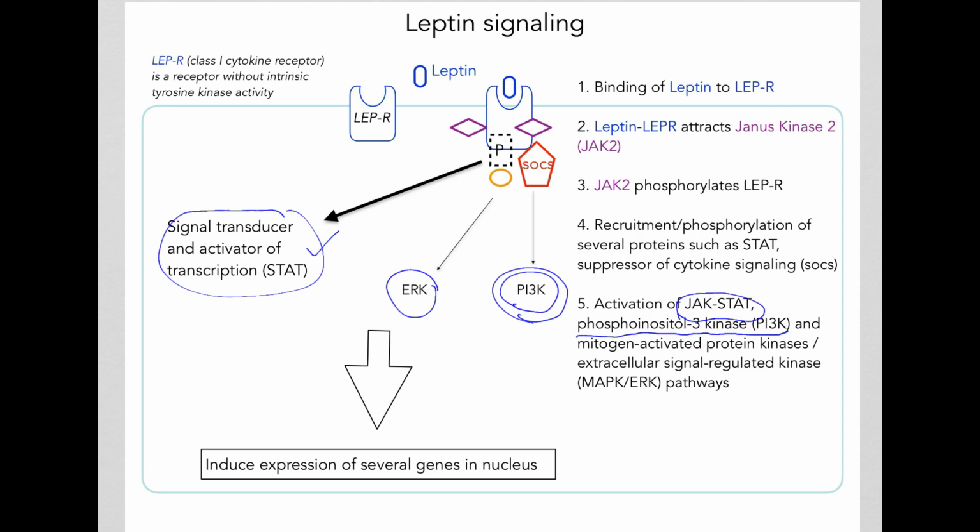The ERK, or mitogen activated protein kinase extracellular signal regulated kinase, MAPK ERK pathways will be triggered, and several other pathways will be triggered. The end result of all these pathways would be the expression of several genes in the DNA in the nucleus of the target cell.